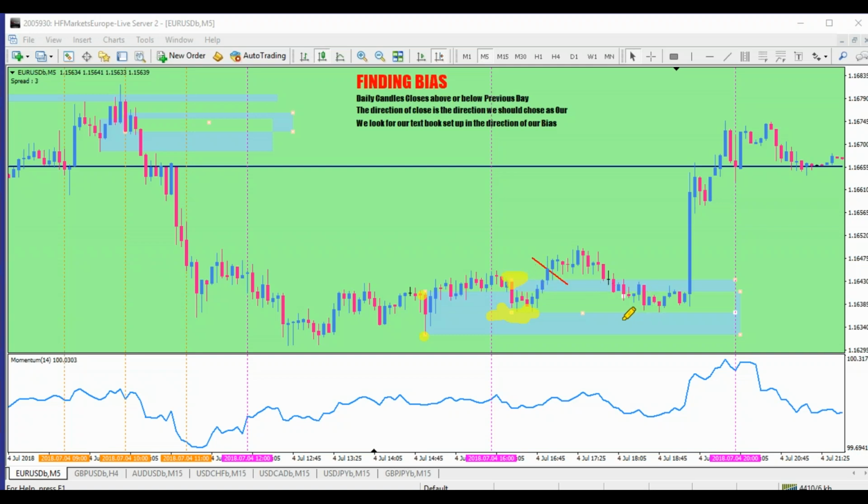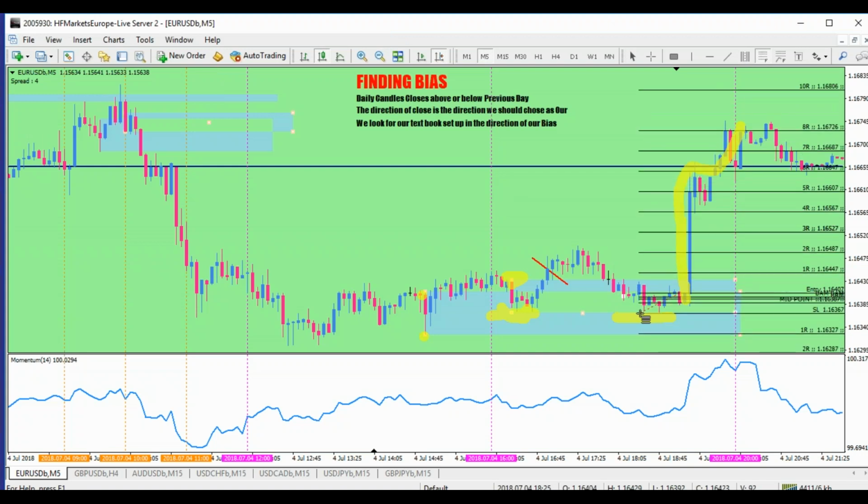So you would have been very close to your stop over here, but look at what happened. Price took off. Your long buy has confirmed. You could take your 5R or 3R, but I advocate for 5R.